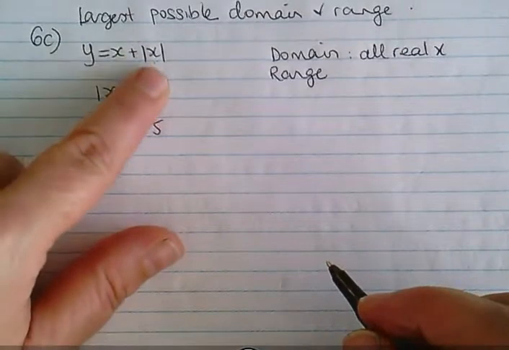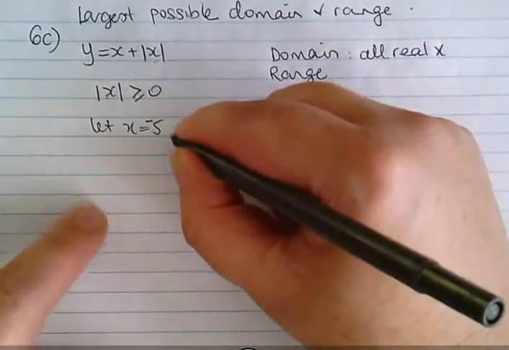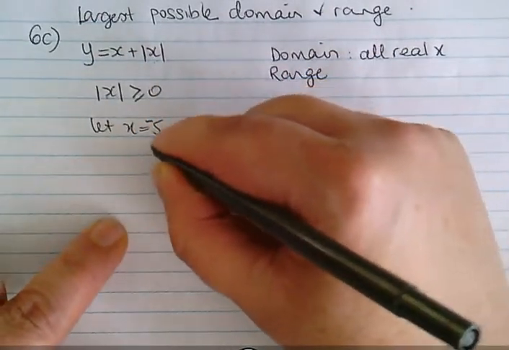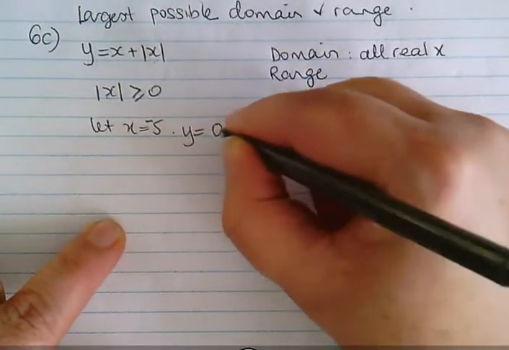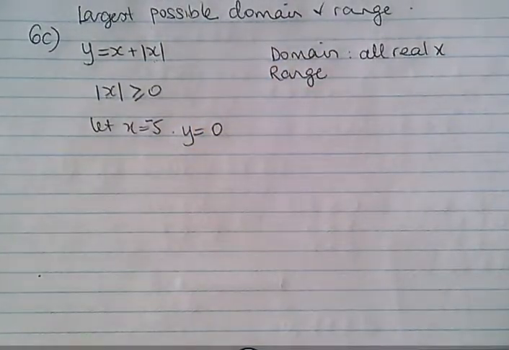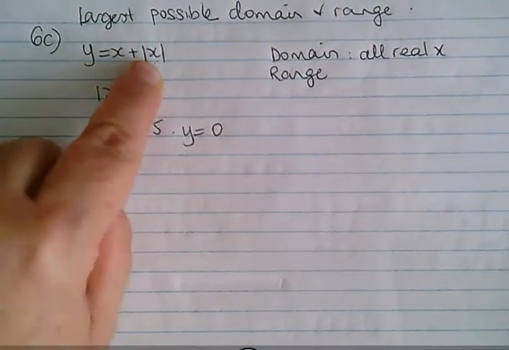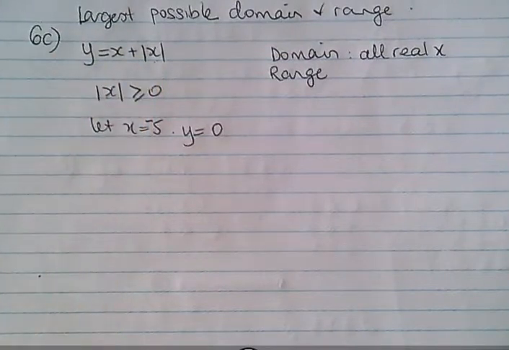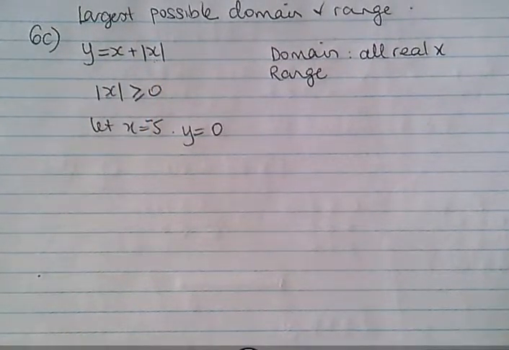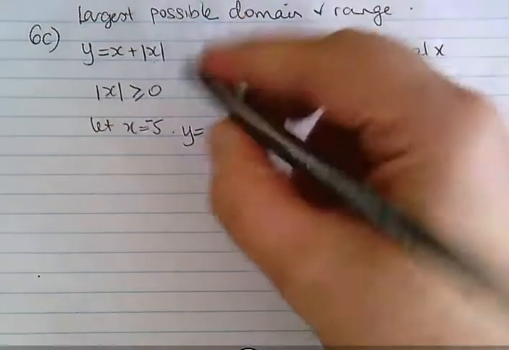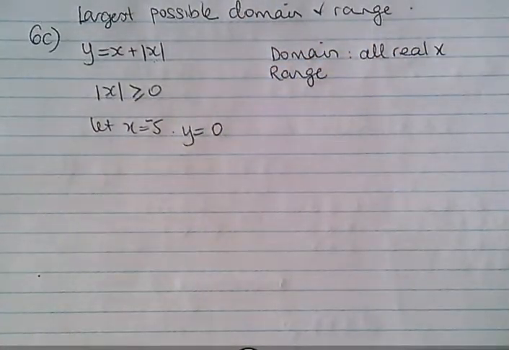Negative 5 plus 5, you get 0. You get y is 0. So any negative values you put in there, you're going to get 0. If x is negative 10, you get negative 10 plus the absolute value of negative 10. But what about the positive values? So for all the negatives, you're going to get zeros.